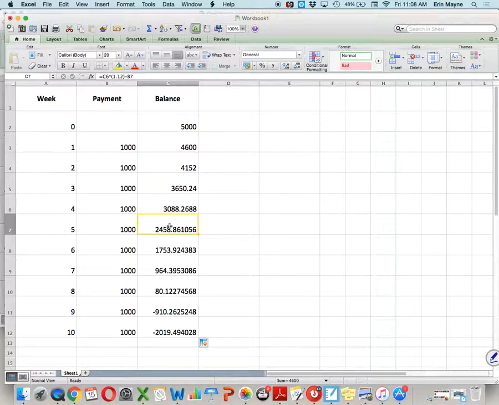Now, one of the coolest parts to this is notice how the spreadsheet naturally picks up the pattern. So this right here says, I'm going to reference C4. Or in this case, I should say C6, sorry. So this is C7. So it's going to reference C6, multiply by the interest, subtract B7. See how it does that?